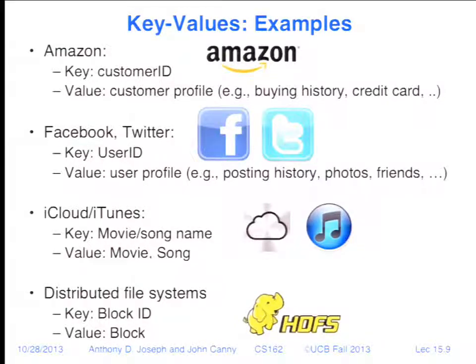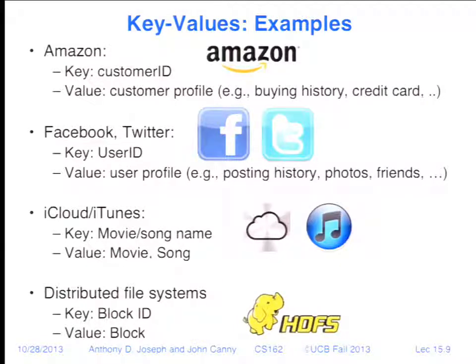Amazon has very complex customer records indexed by a customer ID. And then the values comprise a long record of all of the different customer information. Facebook and Twitter use a similar thing. These are used by simple, unique identifiers. You can also access things like iTunes storage by song name.